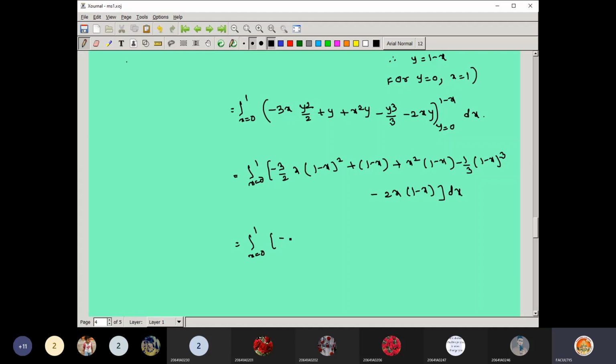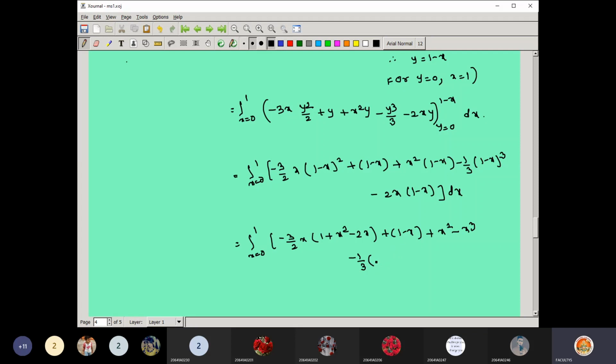So this becomes minus 3 by 2 x. It is of the form a minus b whole square, so a square plus b square minus 2ab. So it is minus 2x. And plus 1 minus x as it is. Plus, directly making the multiplication, x square minus x cube. And here it is minus 1 by 3 times a minus b whole cube.